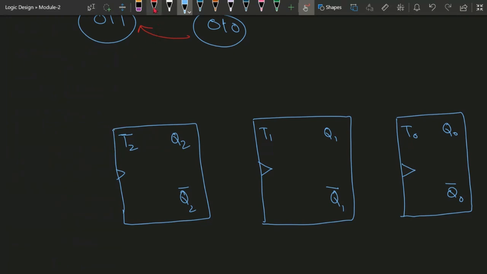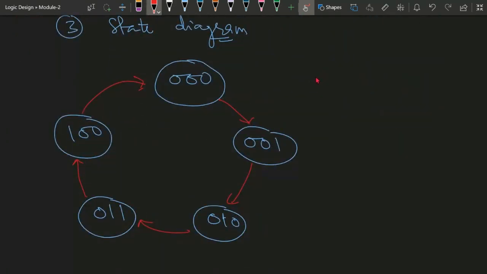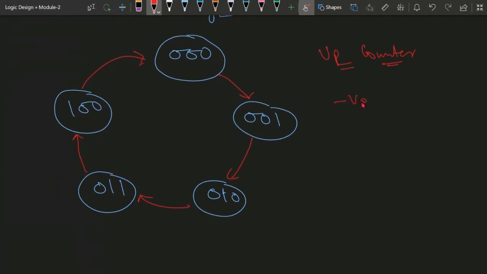I told you that if we are using negative edge triggering of the flip flop because it is an up counter, then in asynchronous counters Q should be connected with the clock of the next flip flop.